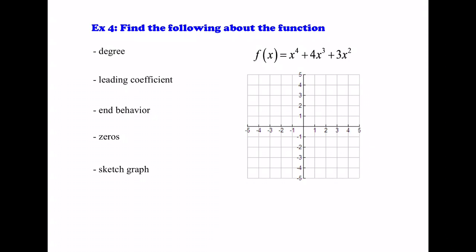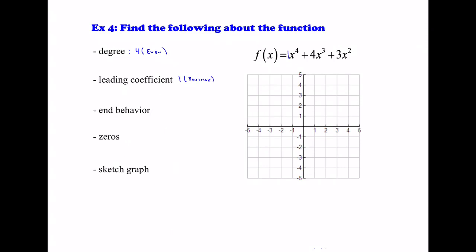On this last example, I'm going to take a look at all the things we talked about and then sketch a graph from what we know. So the first thing is, what is the degree? Well, the degree is 4. What we're more concerned about is that it's even. The leading coefficient in front is a 1, but once again, what we're concerned about is that it is a positive 1.